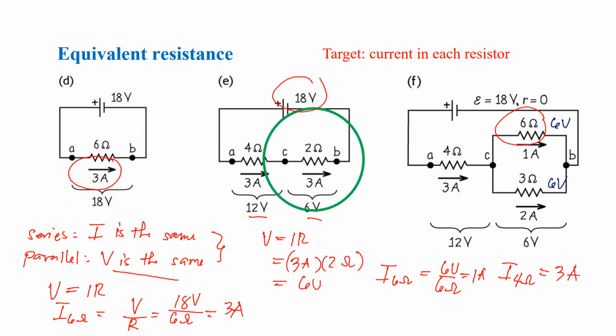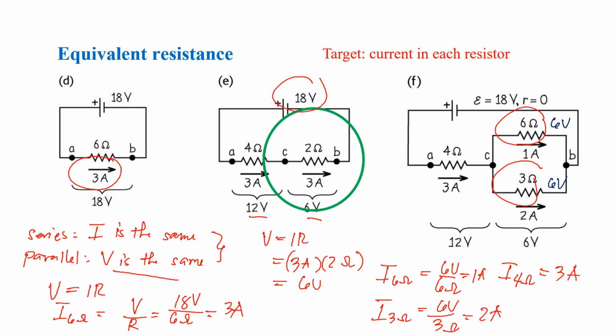And for your current in your 3 ohms, this resistor here, you have 6 volts divided by 3 ohms, so you have 2 amperes. Therefore, the current for your 4 ohm, your 6 ohms, and then your 3 ohms resistor are the following. You have 3 amperes, 1 ampere, and 2 amperes.